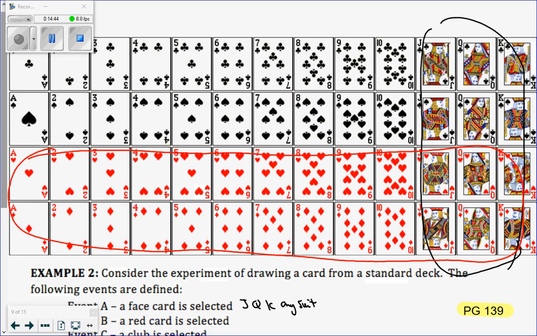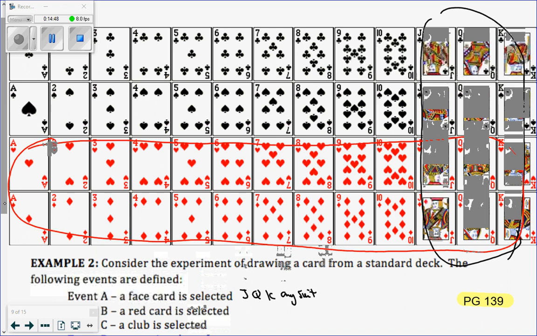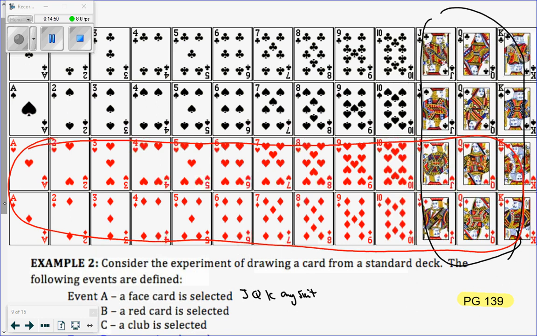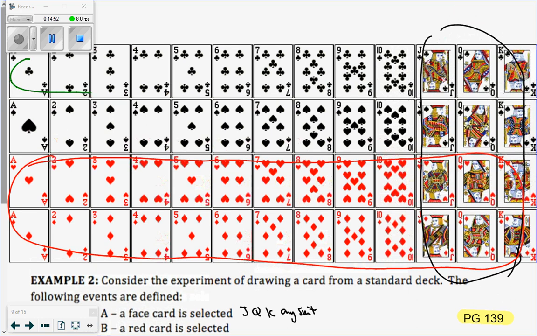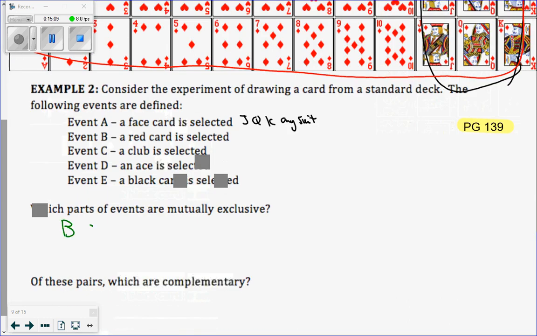Okay. Event C, a club is selected. So a club is this one. So this is event C. Does event C overlap event A? Yes. Does event C overlap event B? No. So that means B and C are mutually exclusive.